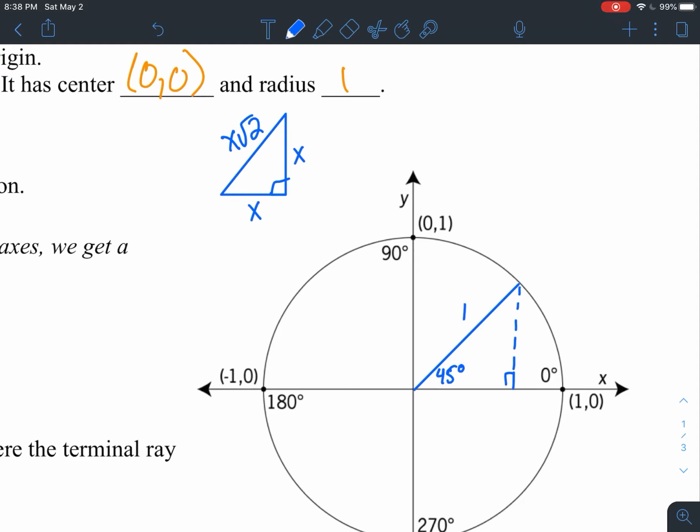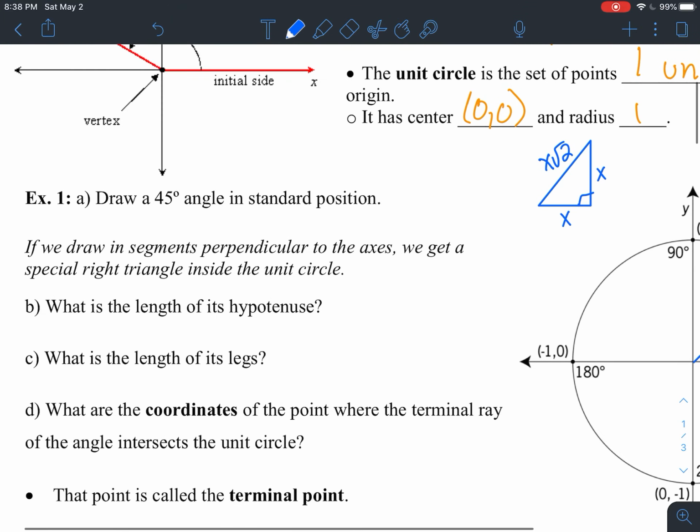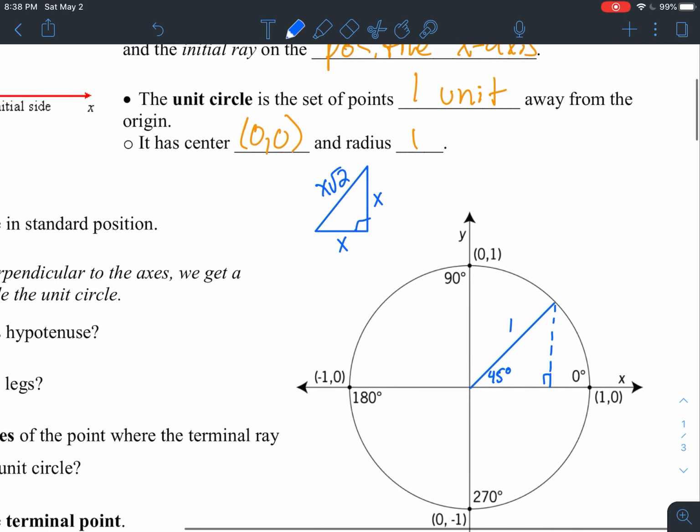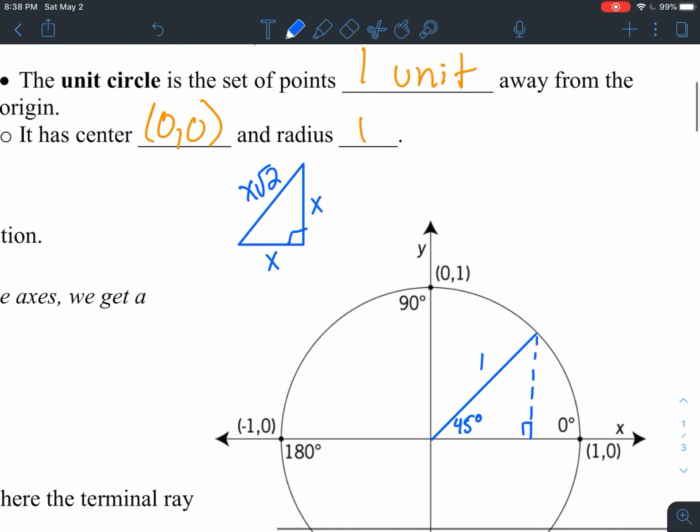So if I was working backwards, if I knew what my hypotenuse was and was trying to find out what my legs were, which is the case here, we're trying to find what that vertical dotted line is, or what that horizontal one is. We found the length of the hypotenuse, that was 1. The length of the legs is what we're trying to figure out now. So if x root 2 is equal to 1, that'll let us solve for x, which would be the 2 legs of my right triangle.